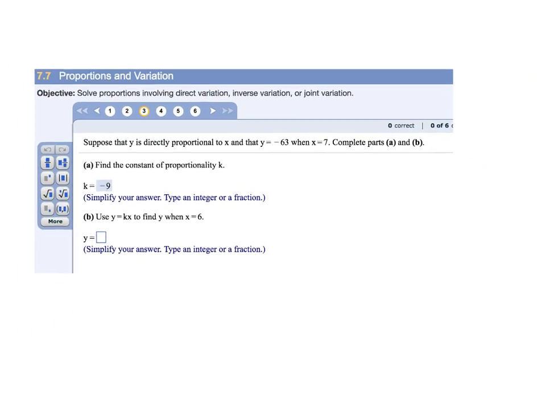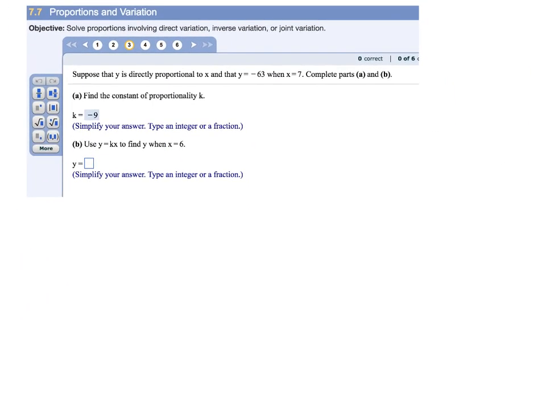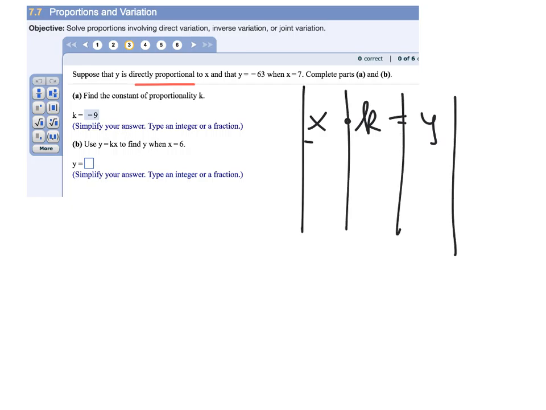All right, so again, we're being told that we have a direct proportion. And so that means we can use that x times k equals y table. So x times k is equal to y. And we are told that y is negative 63 when x is 7.